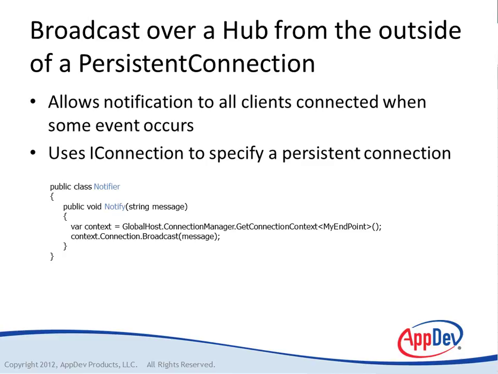So it's getting the context of our persistent connection there, and then it's saying context.Connection.Broadcast the message. So here we are broadcasting our message to everybody that is connected to the site.